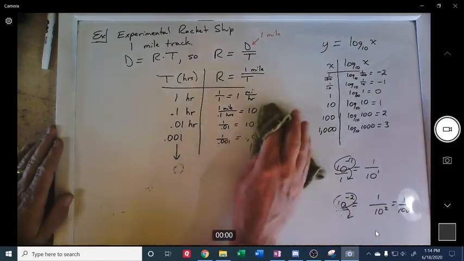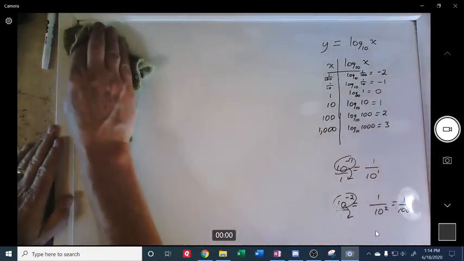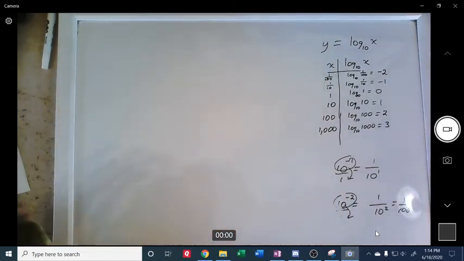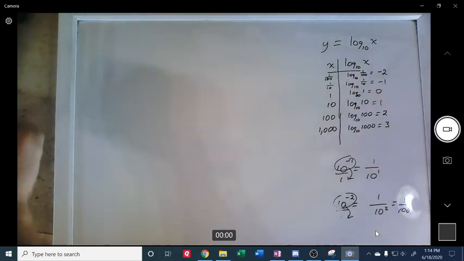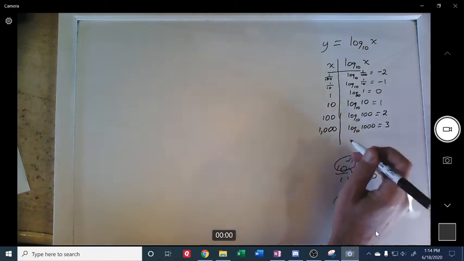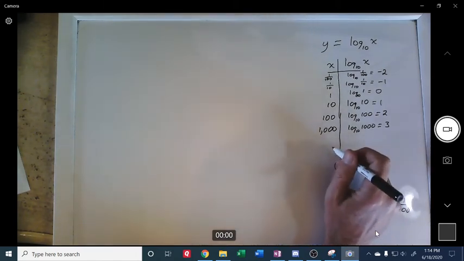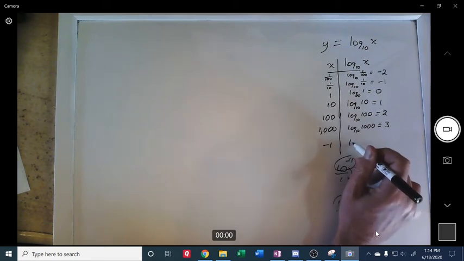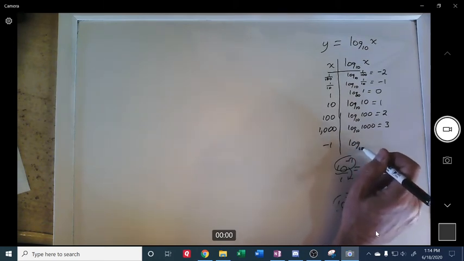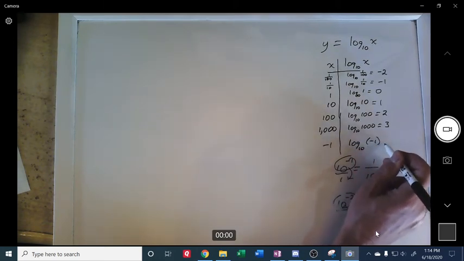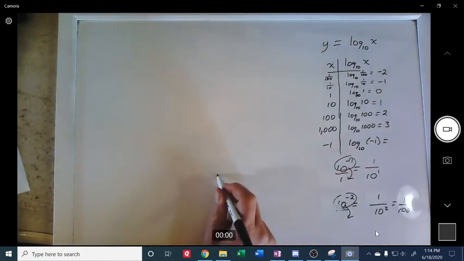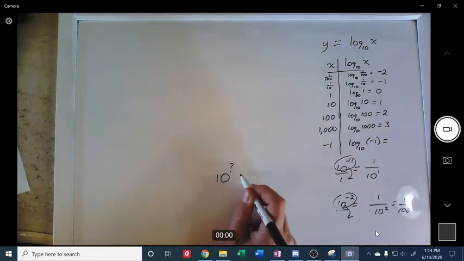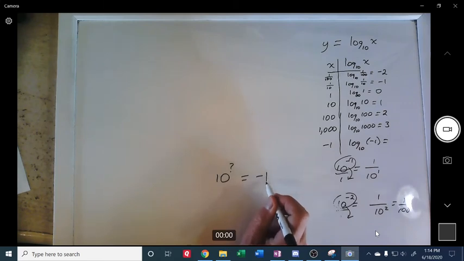So I am going to take this log function, and I'm going to say, well, what would happen if I had a negative value? Suppose I just had negative 1 here. This is asking 10 to what power is negative?